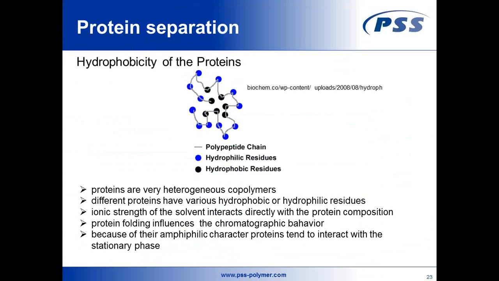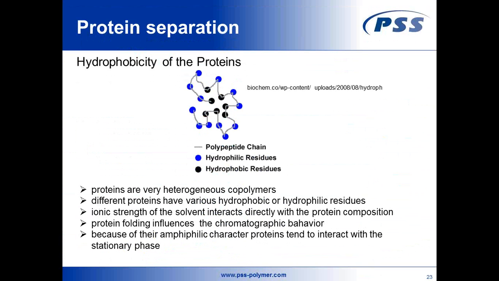So in order to measure proteins in SEC correctly, and I have not mentioned that very much before, we have to avoid any kind of interaction of the protein with the stationary phase.